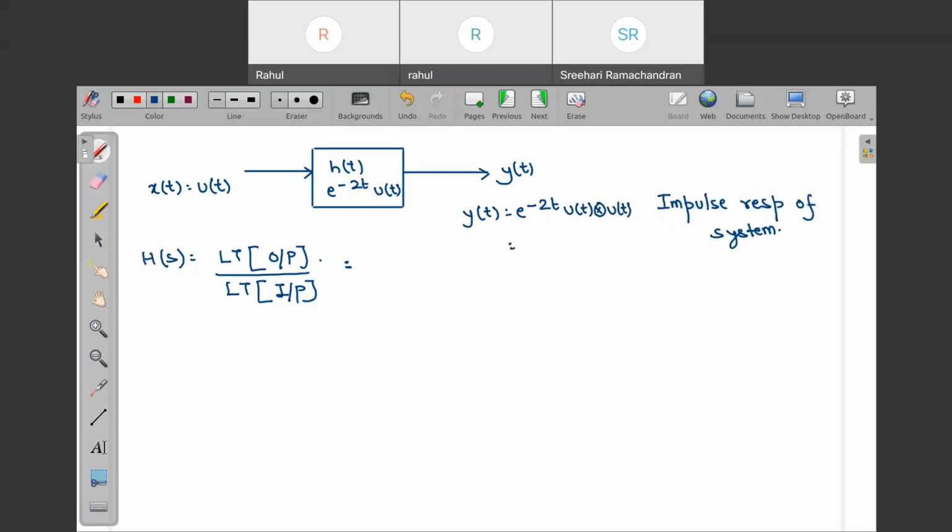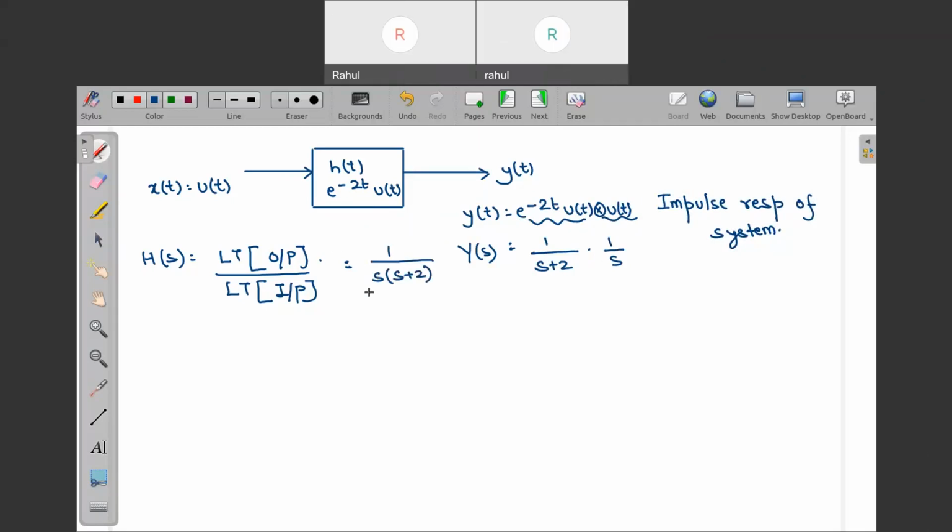In the S domain, this will be multiplied: 1 by S plus 2 and 1 by S. So this is the output divided by the input, which is u(t), so 1 by S. The S gets cancelled, and you get 1 by S plus 2. This is H(s), the transfer function.